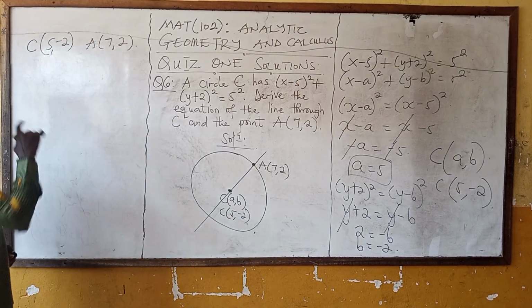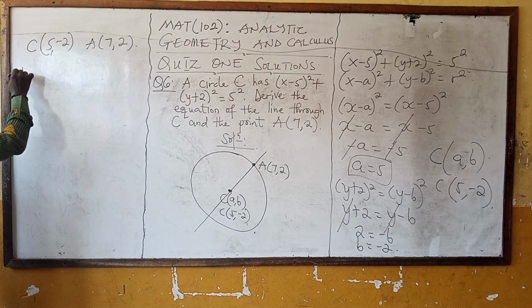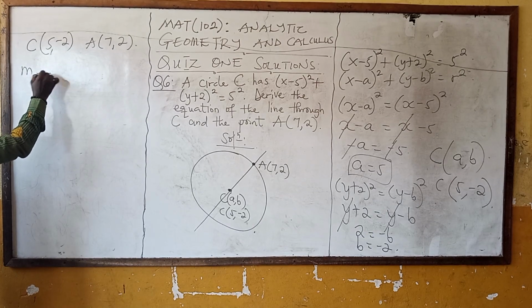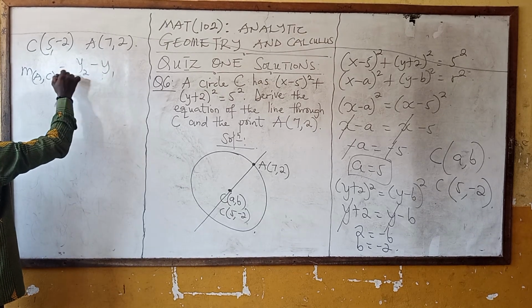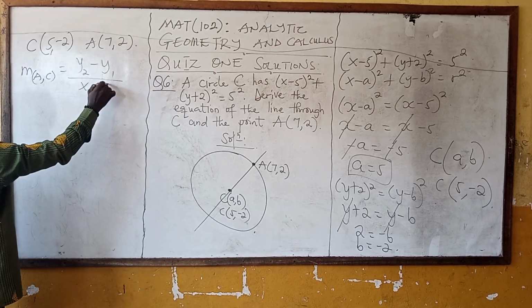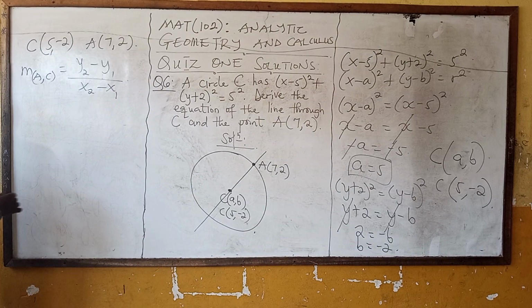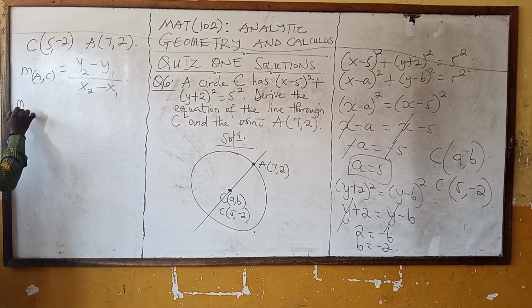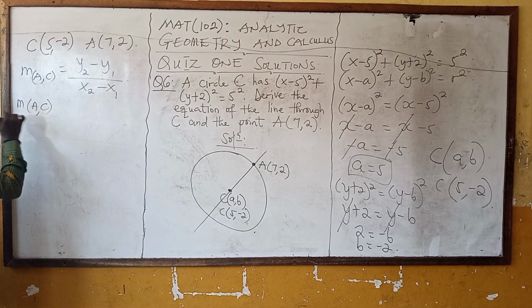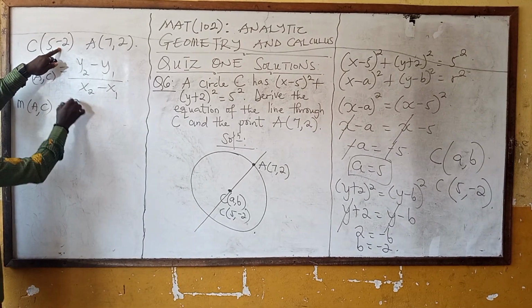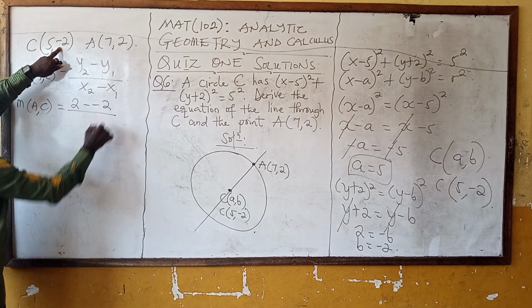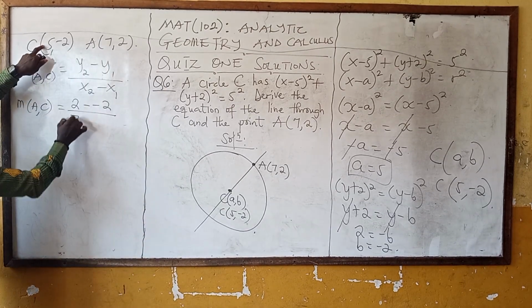First of all, we need the gradient. The gradient of AC must be equal to (y2 minus y1) over (x2 minus x1). So let's find the gradient of the two points: 2 minus negative 2, divided by 7 minus 5.